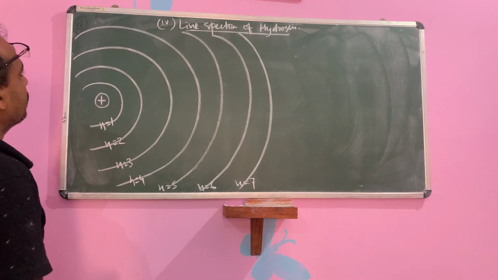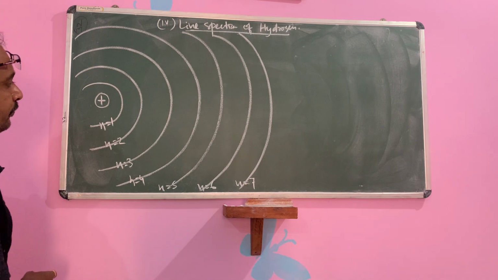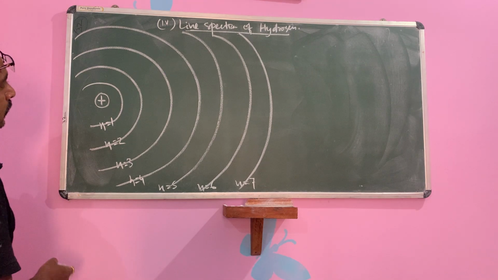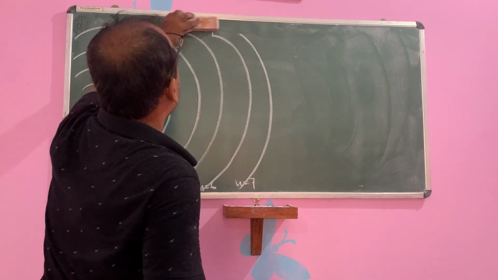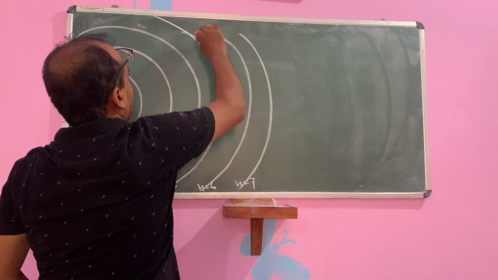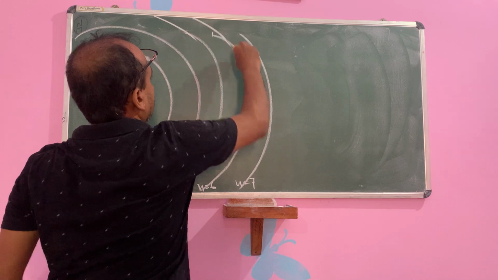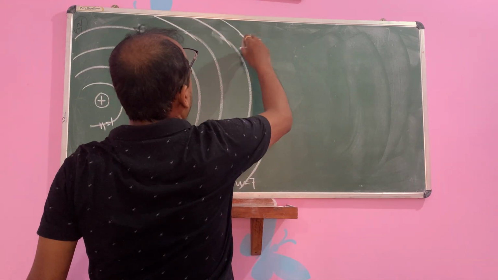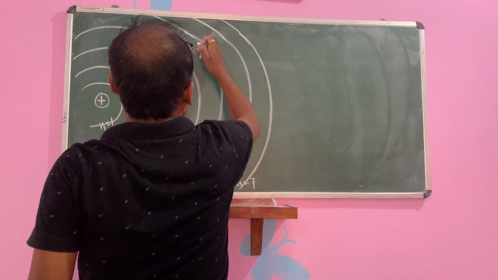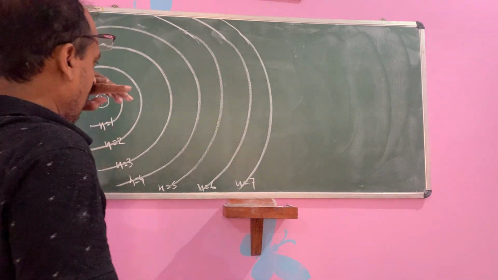In your book, they are given in a straight line. I am giving it like an atom, with a circular path.